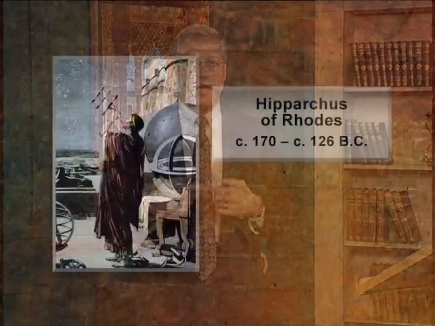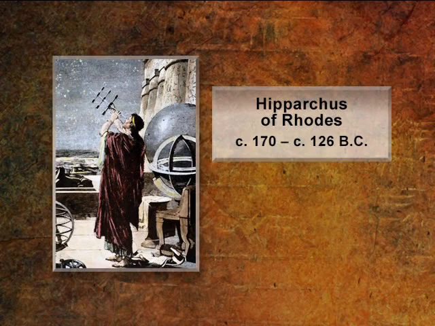Now, there are other problems with trying to explain what goes on in the heavens, and another one of the problems that was observed by Aristotle and finally solved by Hipparchus of Rhodes, who lived sometime in the 2nd century BC, was the problem that if you look at the length of the seasons, they are not of equal length.